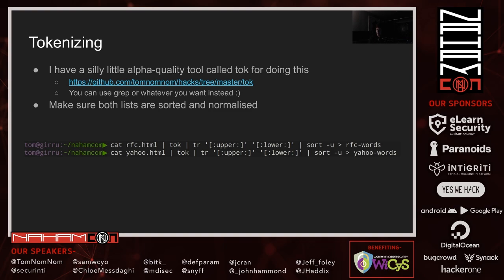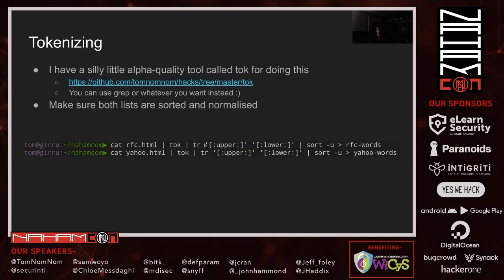And a very important prerequisite here is I want to do some normalization and sorting on these lists of words. So I'm going to remove duplicates, sorry, with sort -u. And in this case, and this isn't necessary, but I'm using tr, or translate, to change letters in the class of uppercase to the class of lowercase.